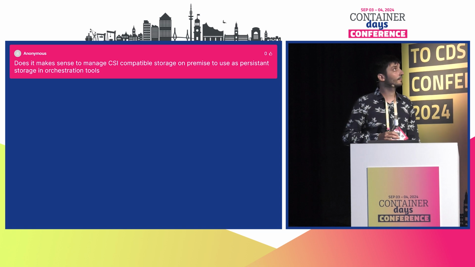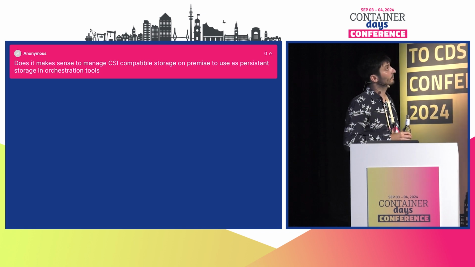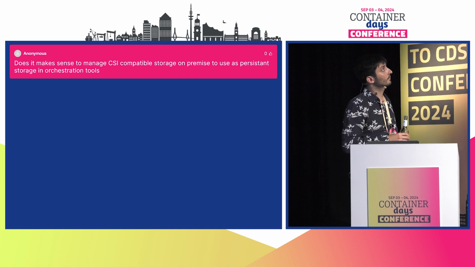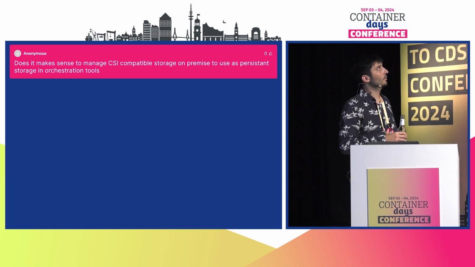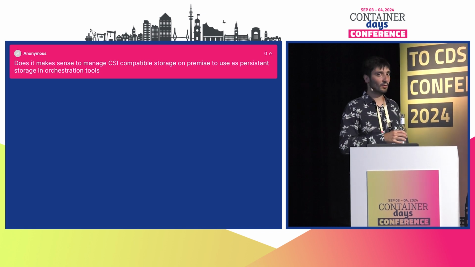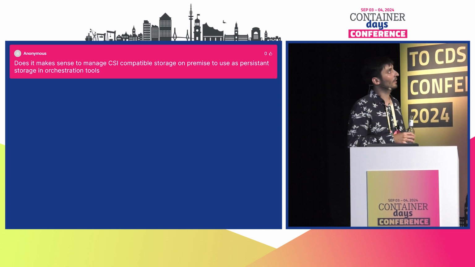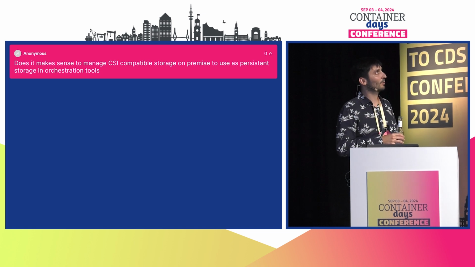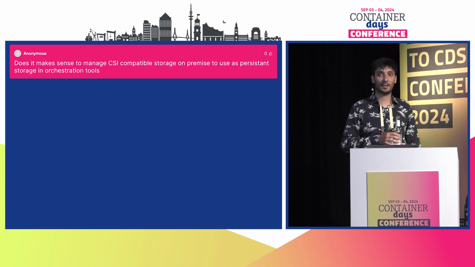And the very last question is, does it make sense to manage CSI-compatible storage on-premise to use as persistent storage and orchestration tools? I think so. I guess it depends. I'm assuming this question means you're already using Kubernetes as a storage orchestrator. In that case, why not also use CSI?